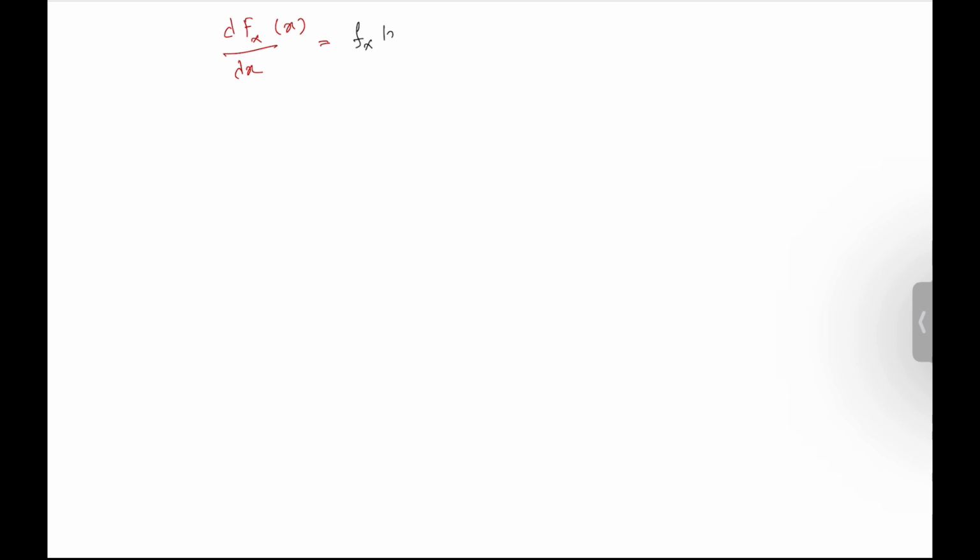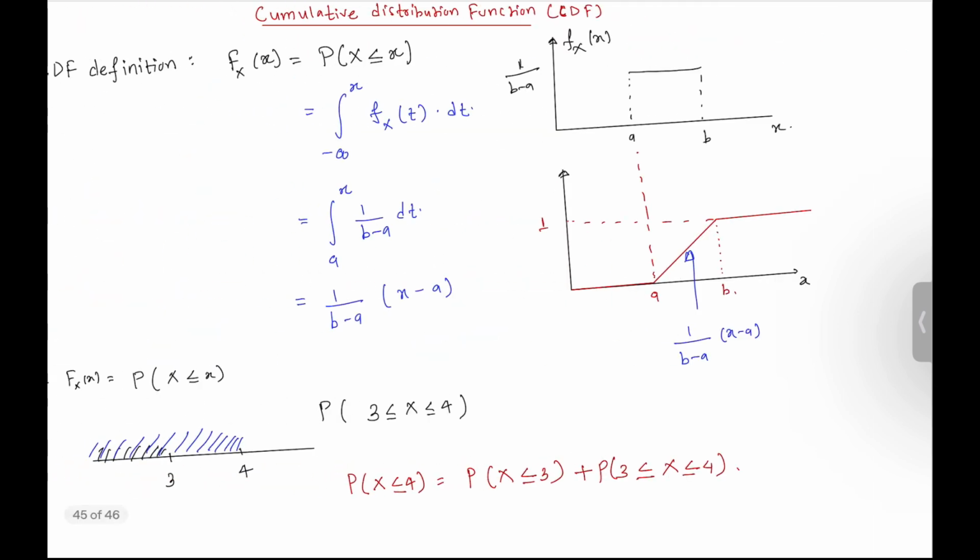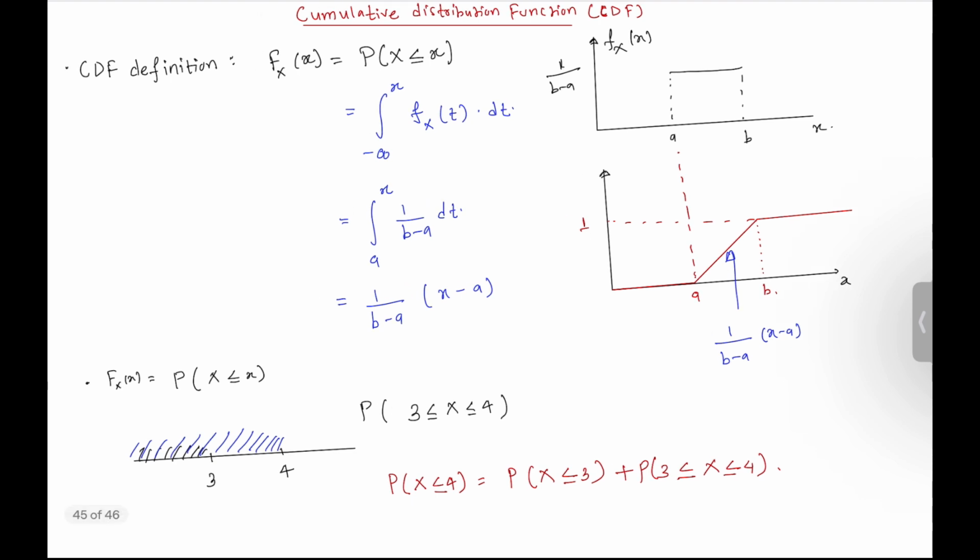So once you have the cumulative distribution function, you can easily find the PDF by differentiating both sides, right? And this is very important. The same thing we can do for the discrete case. What we have done here is for the continuous random variable.